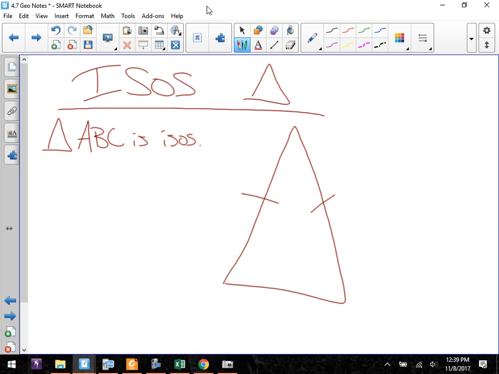One of the things you should go with right away is the fact that the second letter, the B, is called the vertex angle.